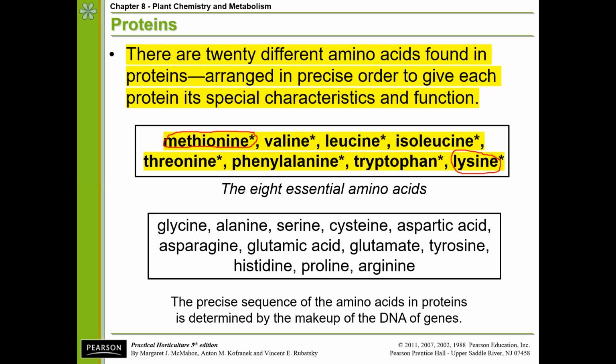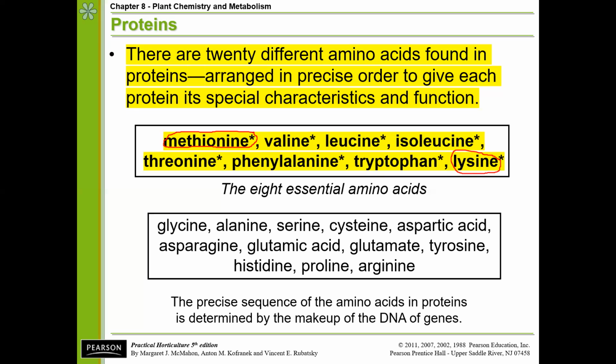Proteins are arranged in a very specific way. Eight of those amino acids are here: methionine, valine, leucine, isoleucine, lysine and others. Early on in agriculture there was a grain and legume combination. Remember, with methionine together, we get all eight, but together you get this complete set of the eight essential amino acids.